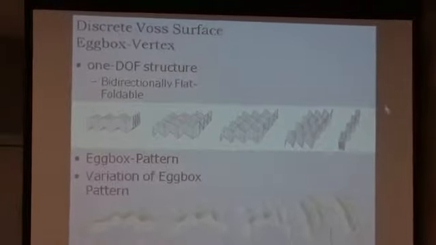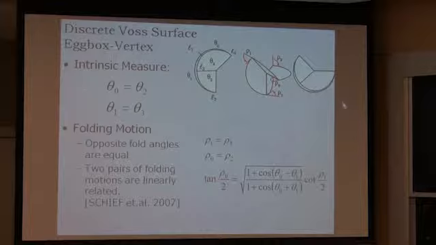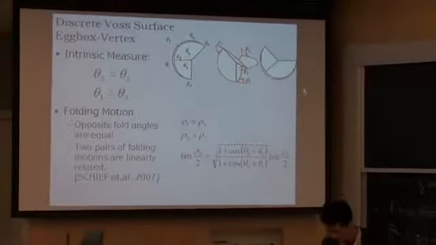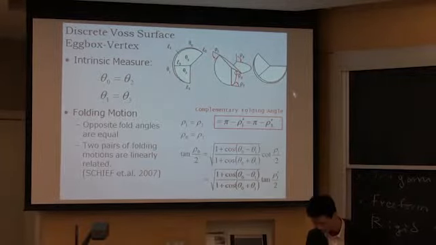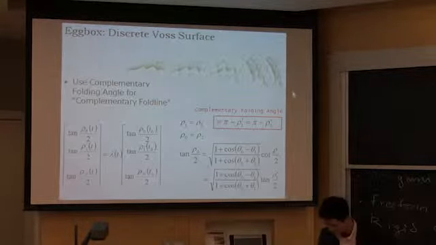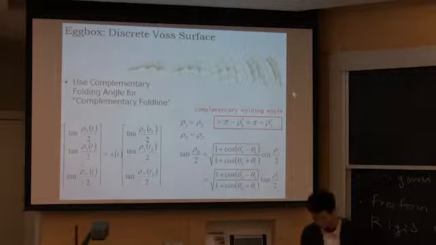So another example is using the egg box pattern, and this actually has the same property as the Miura-Ori vertex, or flat foldable degree 4 vertex, so that you can use the same idea to produce rigid foldable variations.